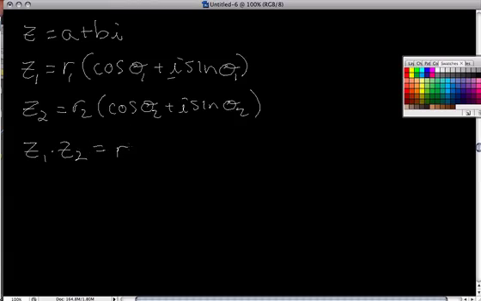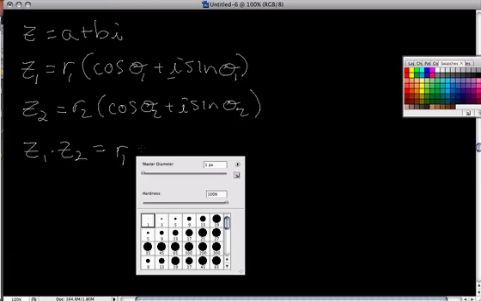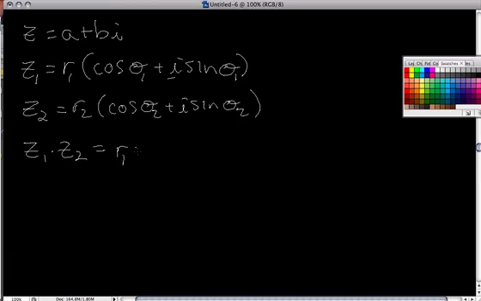So I'll just do it here. For multiplying this times that, the easiest thing to do first is to multiply the two r's: r sub 1 times r sub 2.